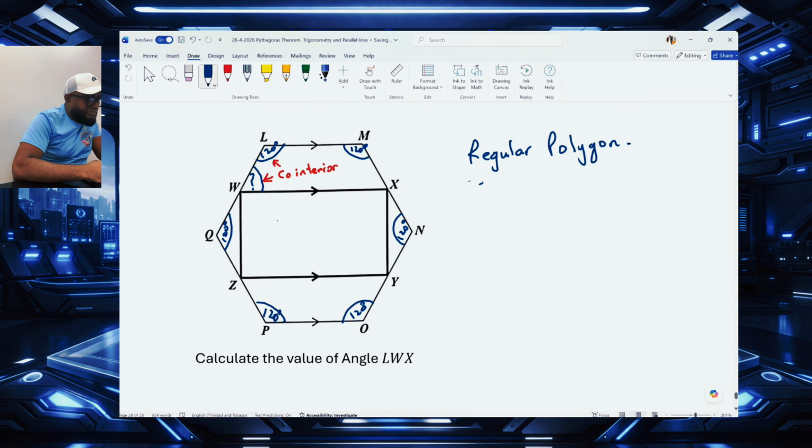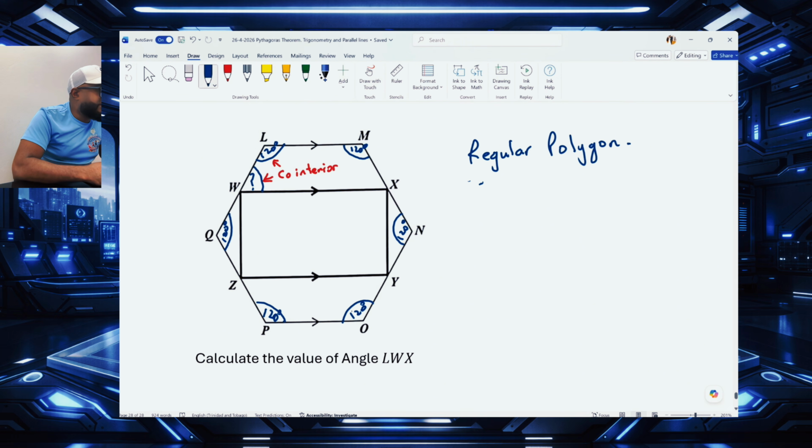The angle here will be 60. Remember LM and WX are parallel. This LW here is a transversal, so the two angles within here will add up to 180. How did I get here as 120?